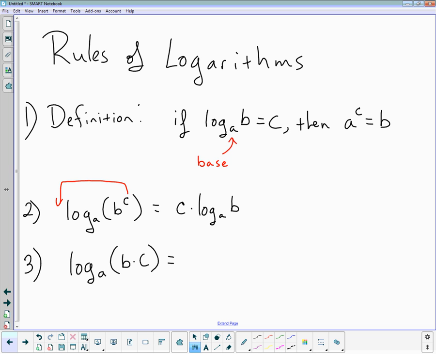What is multiplication becomes addition. And the reason, back down to, again, a to the b c, that's really the power of c.